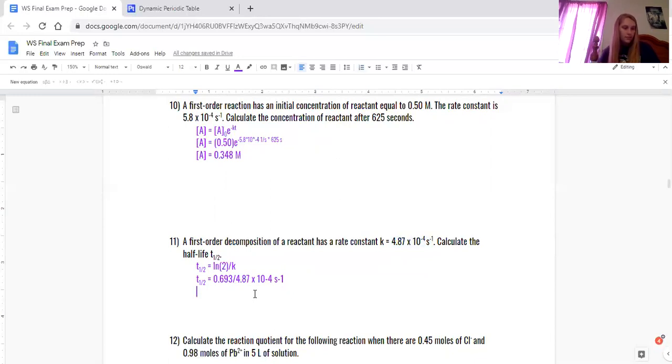And you solve that, get your half-life equal to 1.423 seconds, which if you put that in scientific notation, that's going to be 1.423 times 10 to the third seconds.